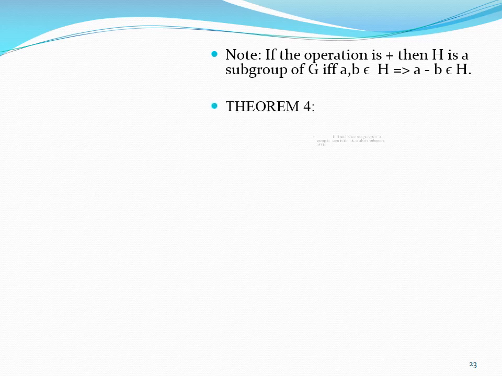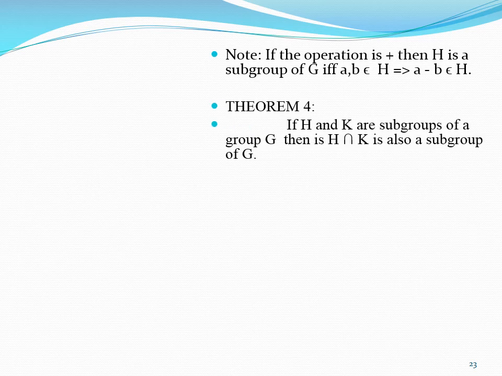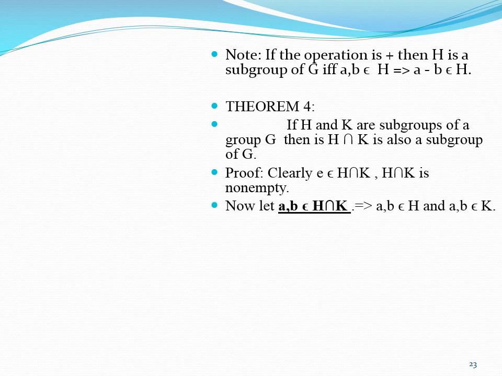Next theorem: the intersection of two subgroups. If H and K are two subgroups of G, then H intersection K is also a subgroup of G. Proof. Clearly e belongs to H intersection K, so H intersection K is not empty.